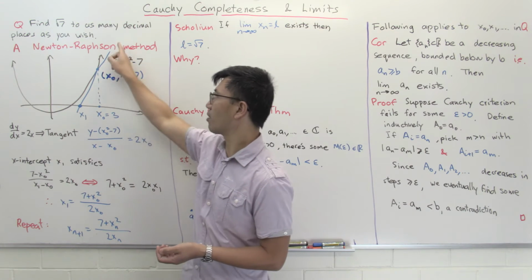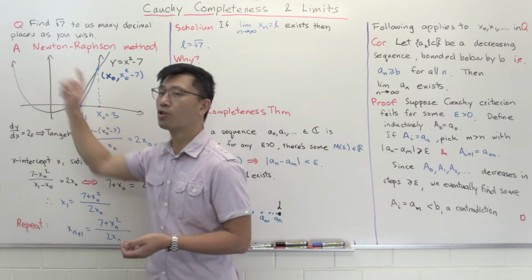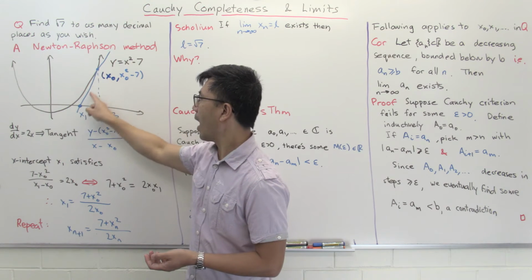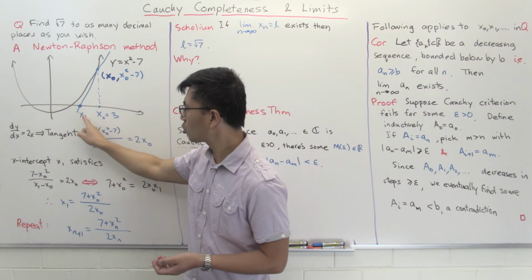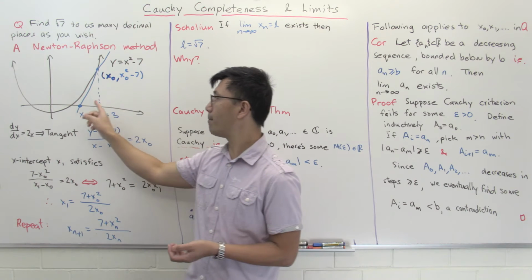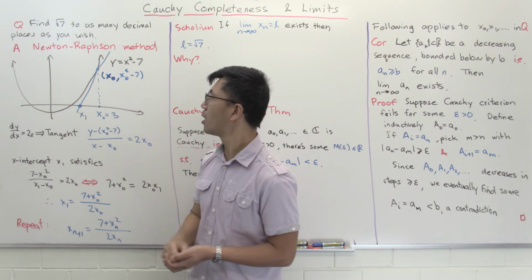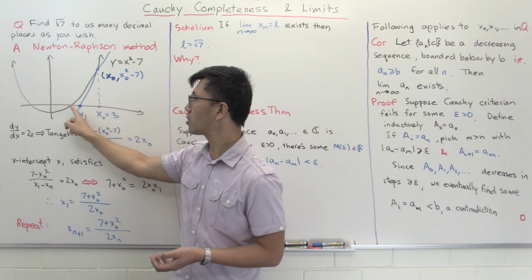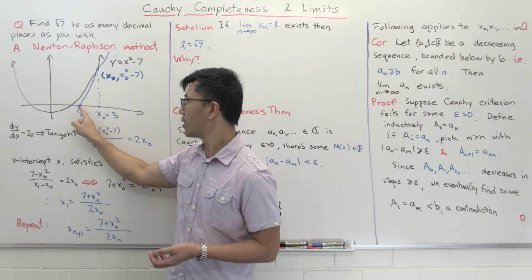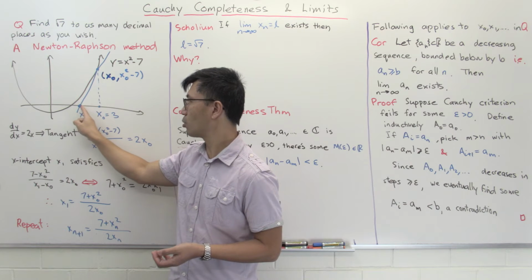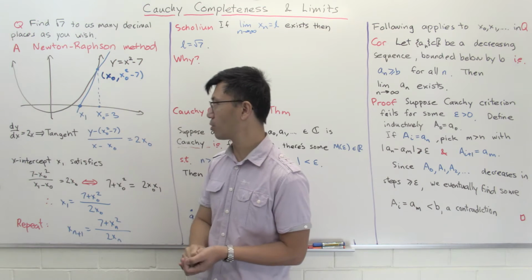This x-intercept, which we'll call x1, will be a better approximation, and you can see that from the picture. By the shape of this graph, this new approximate solution won't go below root 7, but it is certainly closer towards root 7.